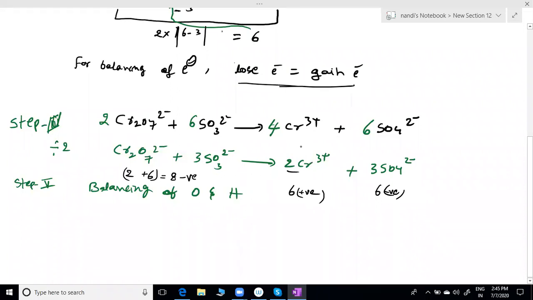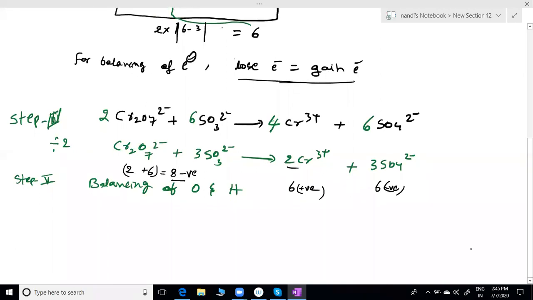H plus is the positive charge. We have to maintain whatever charge is on the left side. The charge there is 8 minus. So I need to maintain the net charge on both sides. How to maintain that? Now look here. I am going to add here.